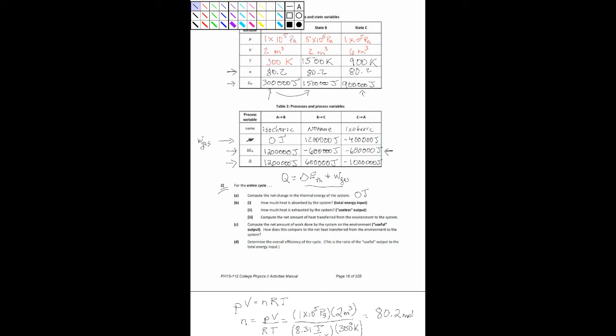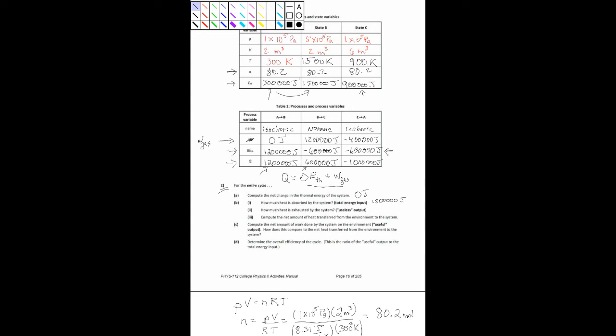Let's look at B. The first part of B says how much heat is absorbed by the system. Well, we just look at the two positive terms here, Q. Remember, a positive Q represents heat added to the system, and a negative Q is heat taken out of the system. So the heat added to the system is this 1,200,000 plus 600,000, and that's 1,800,000 joules.